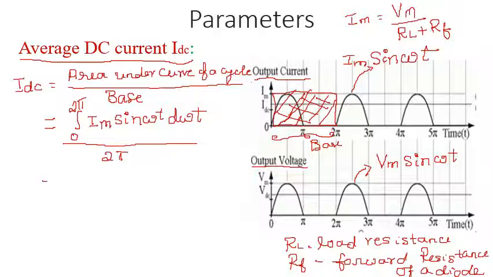I can rewrite this as 1 by 2 pi integral 0 to pi, because only from 0 to pi will I get the sine waveform, Im sin omega t d omega t.